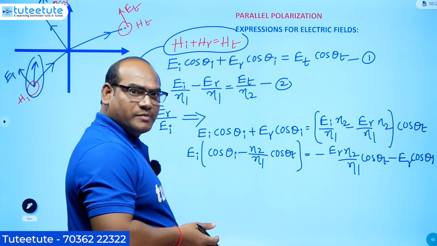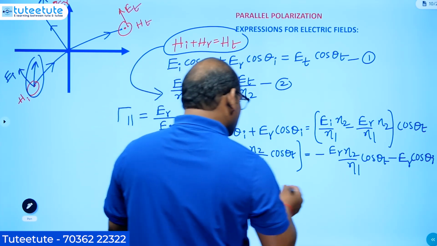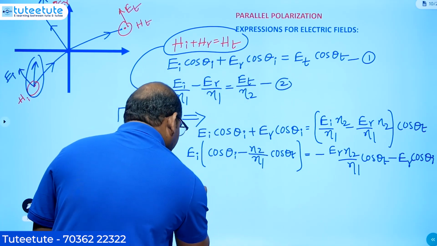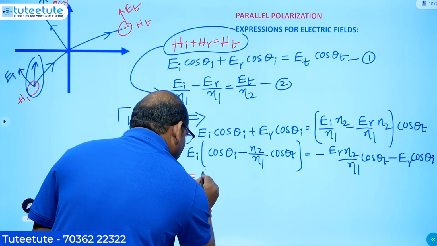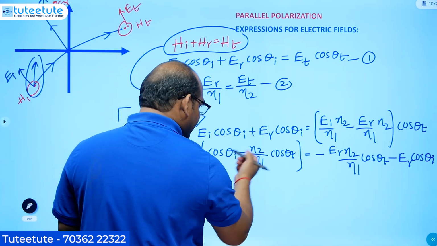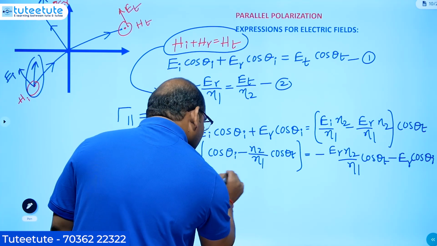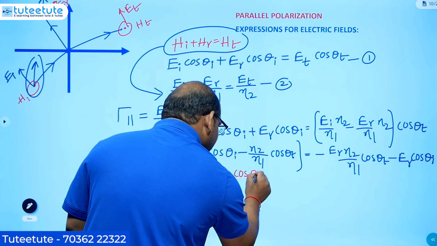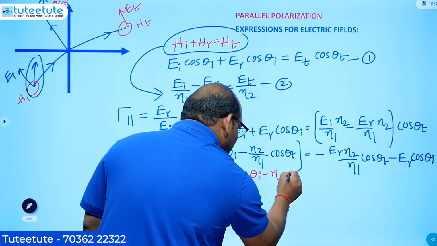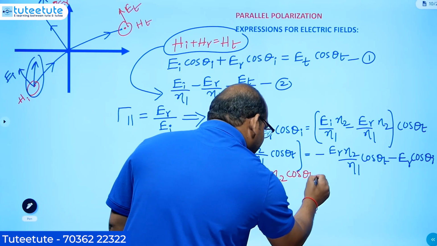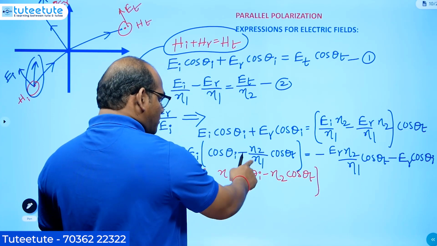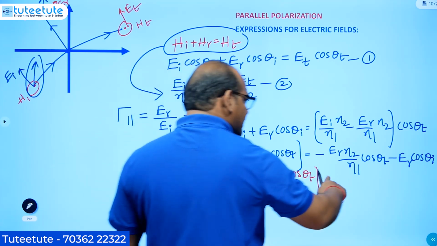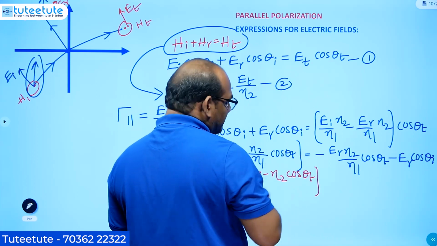So we need to get the ratio between ER and EI. So I am writing like this, EI times, here we can take an LCM, that is eta 1, so eta 1 cos theta I minus eta 2 cos theta t, divided by eta 1. Here also the LCM will be eta 1, so both will be cancelled.